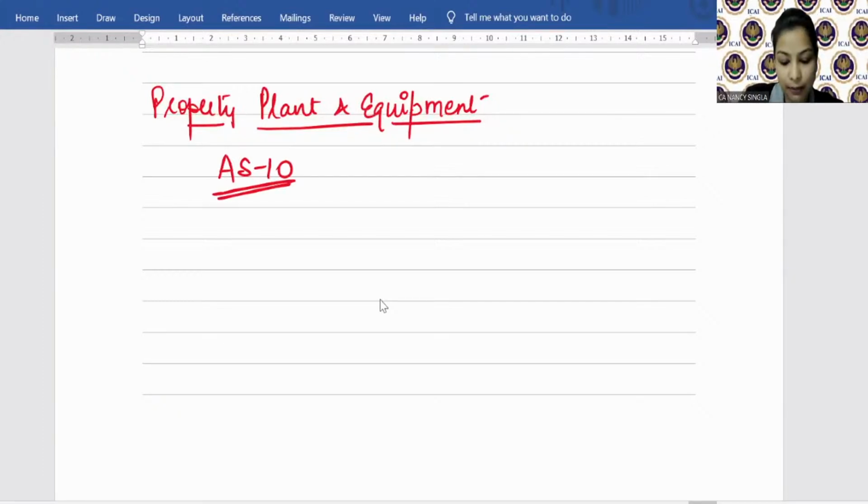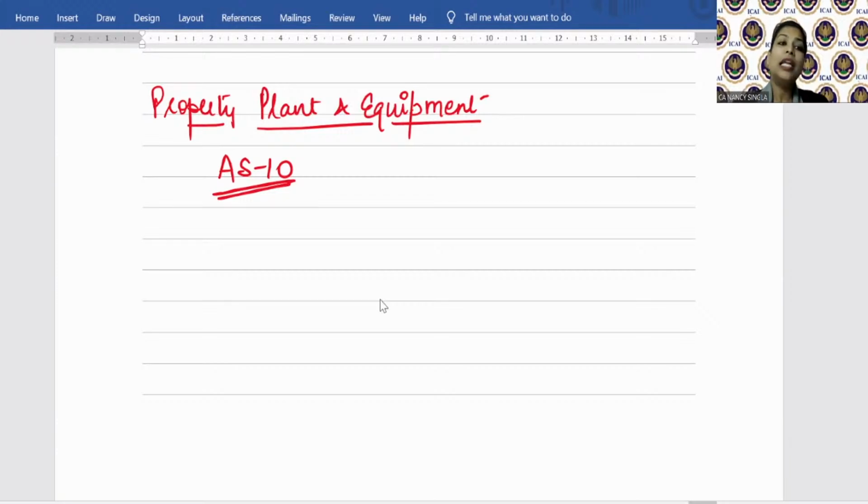Then others are saying, ma'am, land and building come to mind. Plant and machinery. Priyanka is saying plant and machinery, land and building. Dhyanesh is saying building, land, plant, furniture. Okay. And intangible assets. Jyoti, we will move to intangible assets also. You all are absolutely correct.